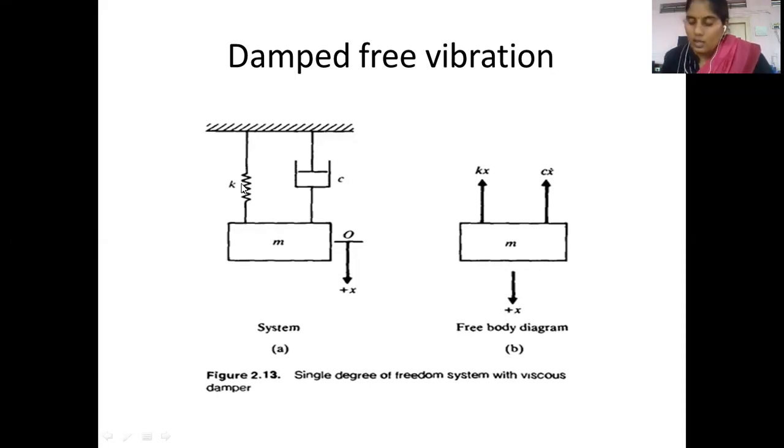So the restoring force will be produced in the system with respect to K and x. And Cx dot, that is the damping coefficient term. Because of this damping coefficient, the force produced is the damping force, that is Cx dot, when the damper is provided into the system.